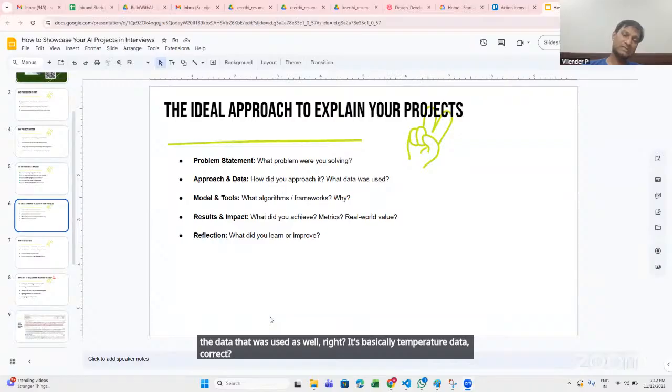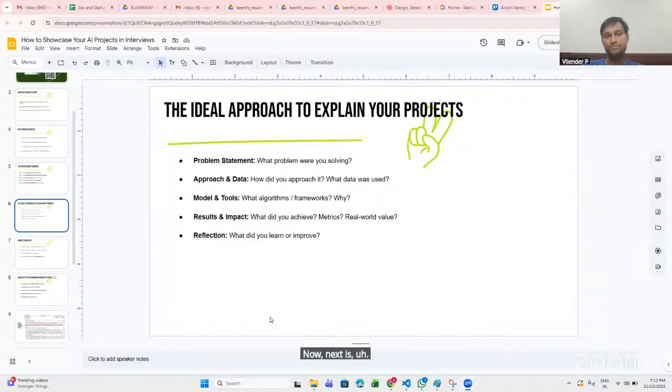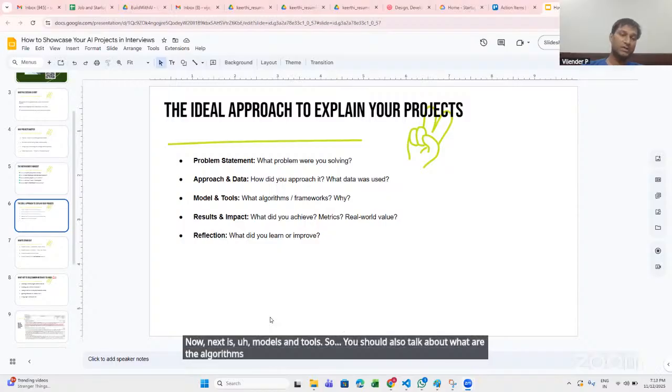Now, next is models and tools. So you should also talk about what algorithms or frameworks were used. Did you use any specific algorithms? Did you use any specific frameworks? And why did you use them? You should also be able to talk about them. Some of these things, even before the interviewer asks them, it's better that you talk about them.